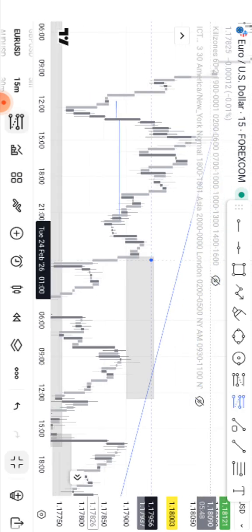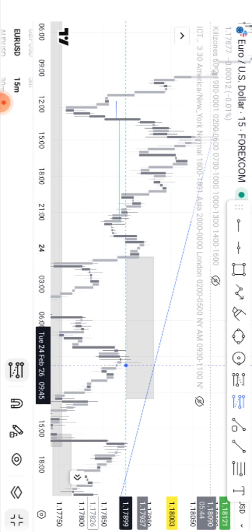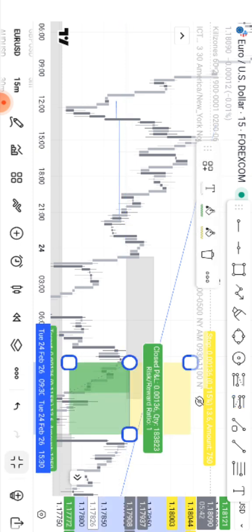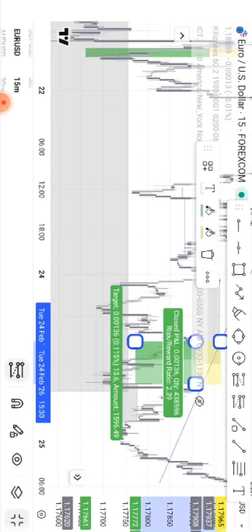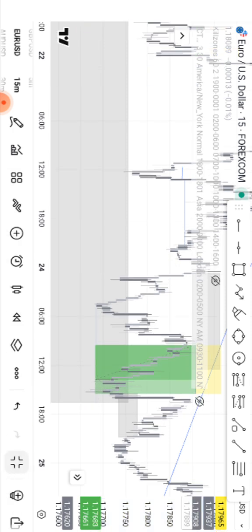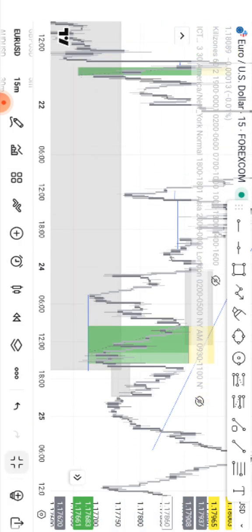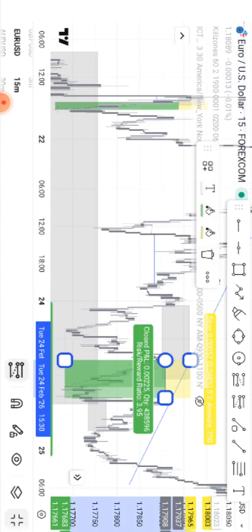This was my first trade, and it gave me about 1:4. I targeted the Asian low. But that's not the trade I want to explain here, so let's go to the main one.